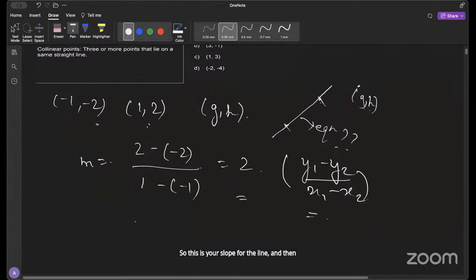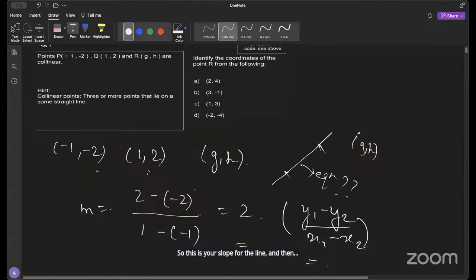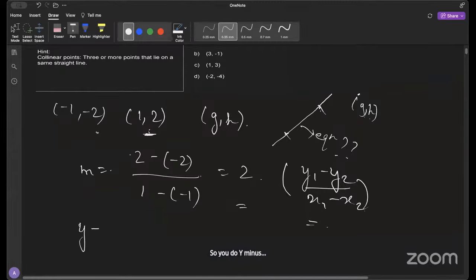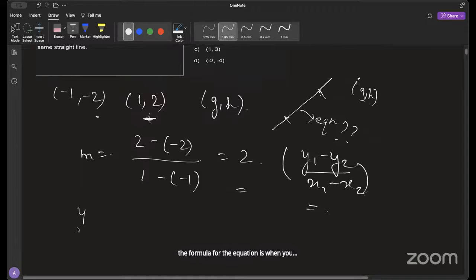Then you've been given a point too. You can take any of these 2 points, so let's take this one. The formula for the equation is y minus y1 equals m times x minus x1.